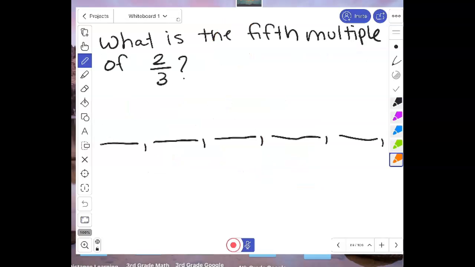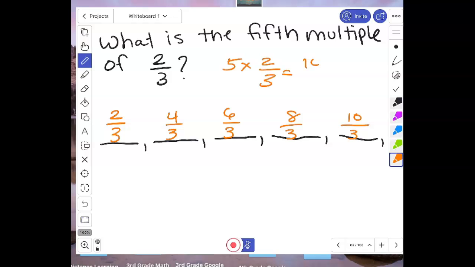Your turn now. Oh, no, let's do one more together. What is the 5th multiple of 2/3? So I'm going to get started. 2/3, 4/3, 6/3, 8/3, 10/3. So that's my 5th multiple. So it should be 5 times 2/3, which is 10/3. Look at that, they match.